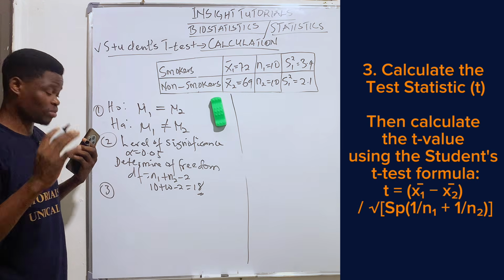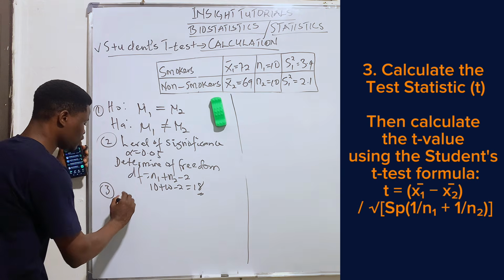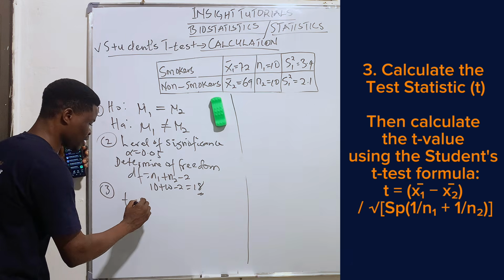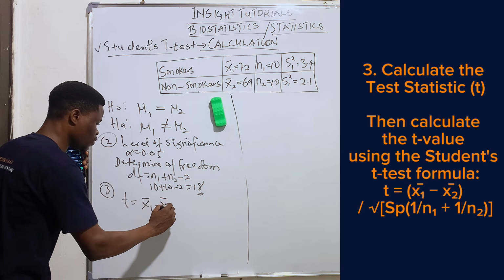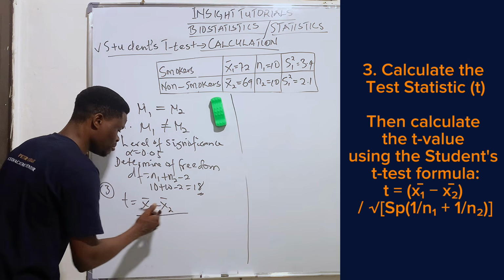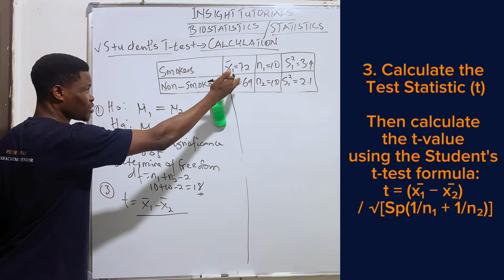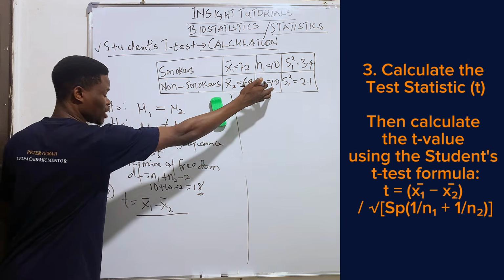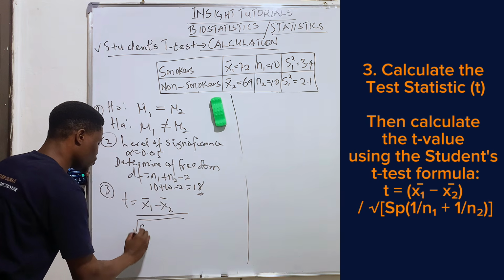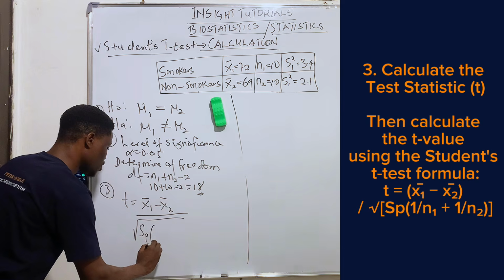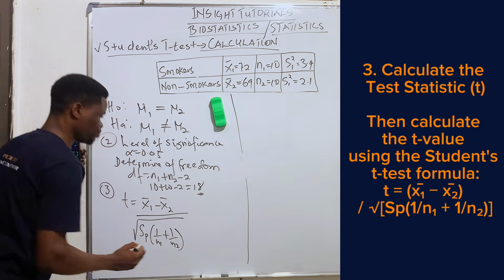Now, I'll need to show you something here that is very important. You know, the formula for the t test is x bar 1 minus x bar 2. That is the mean of the first group of smokers minus the mean of non-smokers, all over the square root of the pooled variance in bracket of 1 over n1 plus 1 over n2.